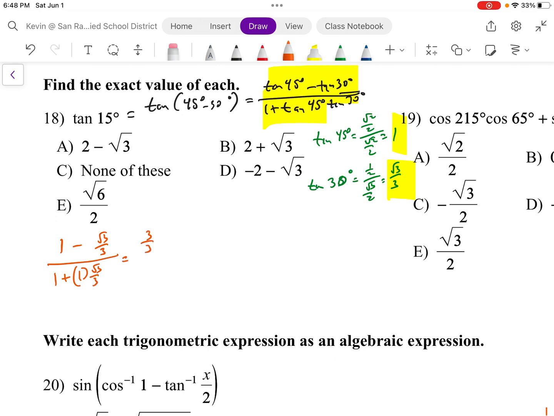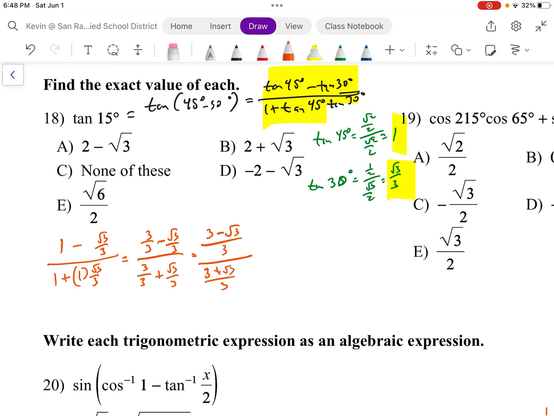I'm going to go 3 over 3 minus root 3 over 3. That should make sense. Root 3 over 3 times 1 is just root 3 over 3. So here it's going to be 3 over 3 plus, again, 3 over 3 is 1, root 3 over 3. Okay, so this now is 3 minus root 3 over 3 over 3 plus root 3 over 3.